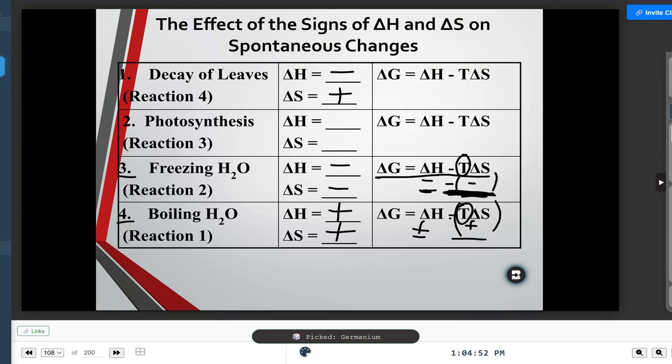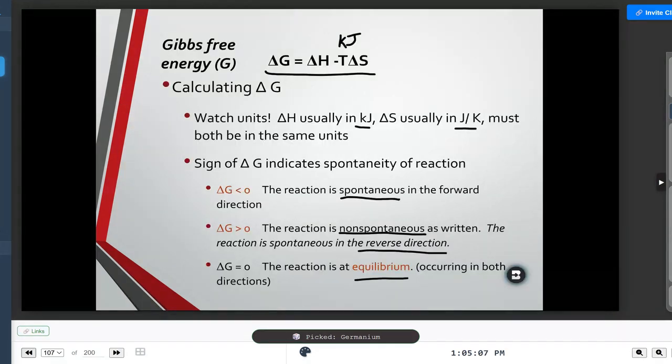Question? Talking about the signs of delta H and delta S, but could T not be negative? T cannot be negative. Why? Well, I know, I was asking you. Asking me. Okay, let's go back to our evidence that we have here.